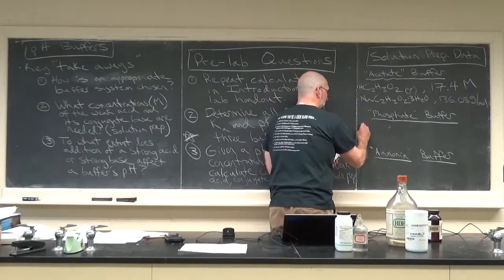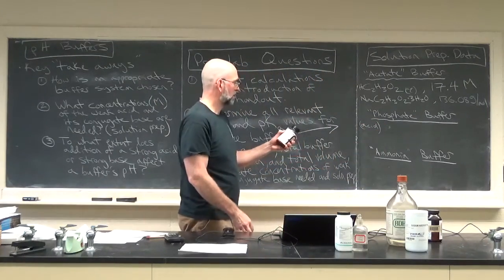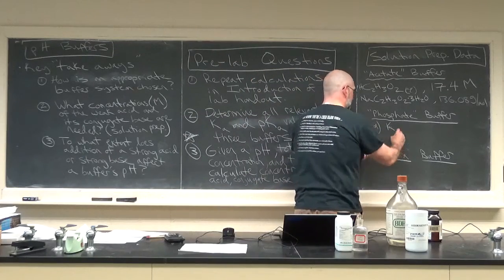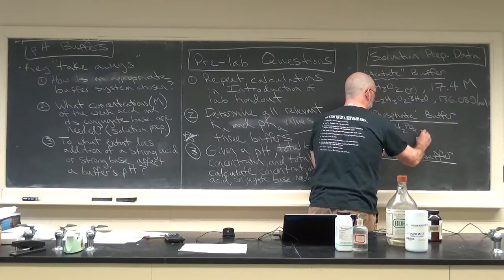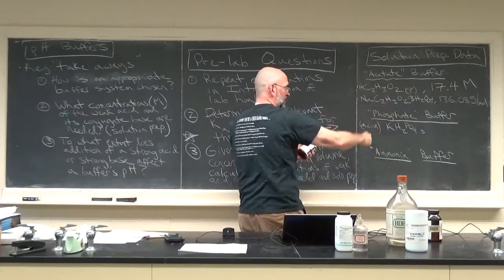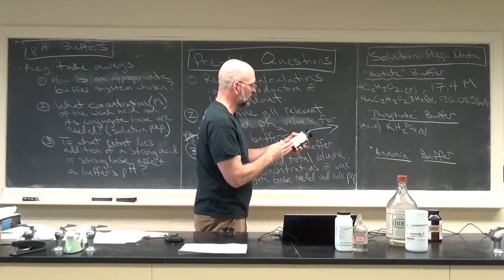So in this case, and I'm going to explain this later, the acid is going to be KH2PO4, with potassium as a spectator, and it is a solid, just like the sodium acetate. By giving you a molar mass, that's kind of by default.